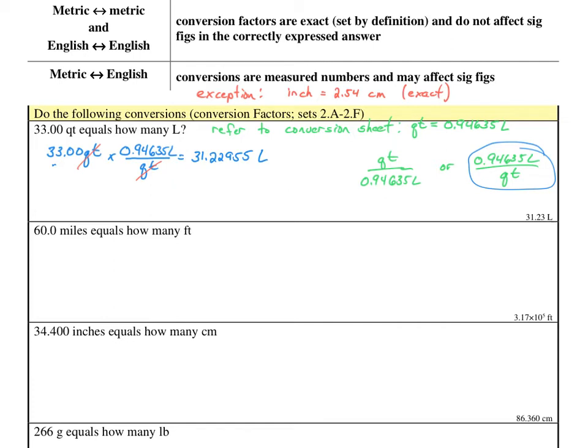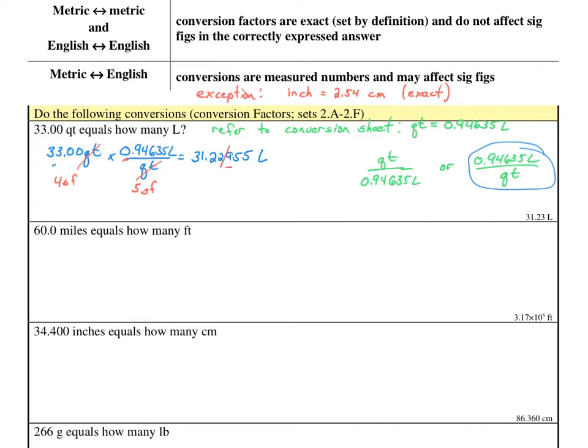Now we worry about Sig Figs. This number has 4 Sig Figs. Those 2 zeros are trailing zeros in the number with a decimal point, therefore they count as significant. This 0 is not significant because it is a leading 0. So we have a number with 4 Sig Figs multiplied by a number with 5 Sig Figs. Therefore, we're going to be limited to 4 Sig Figs.